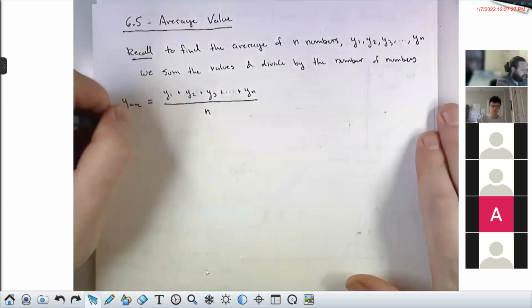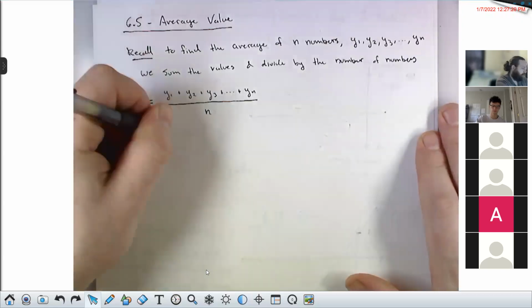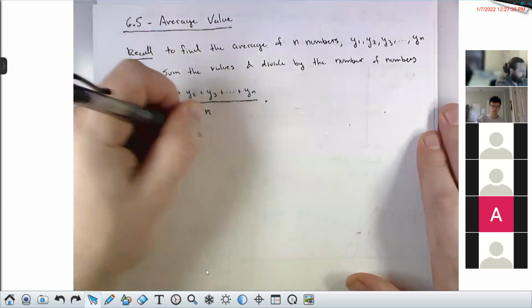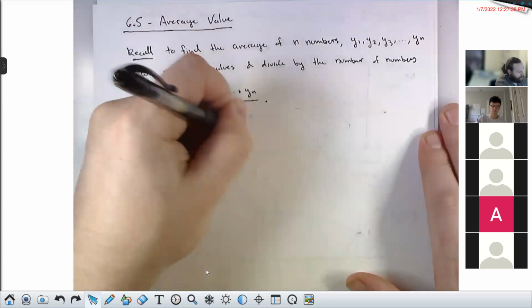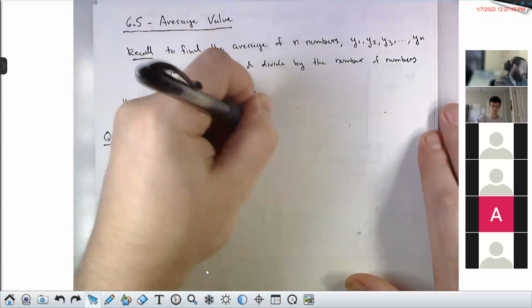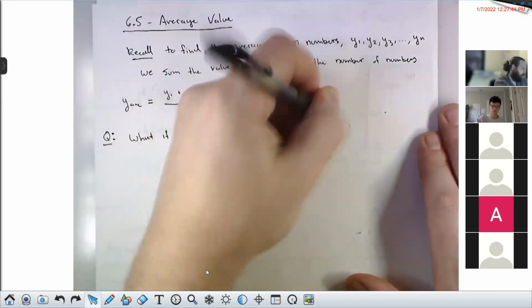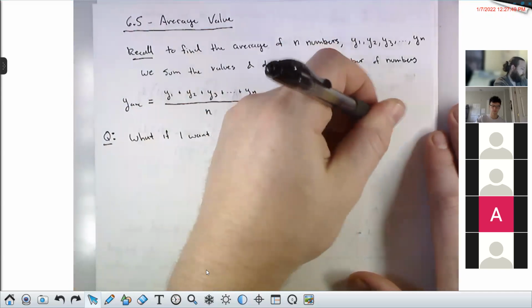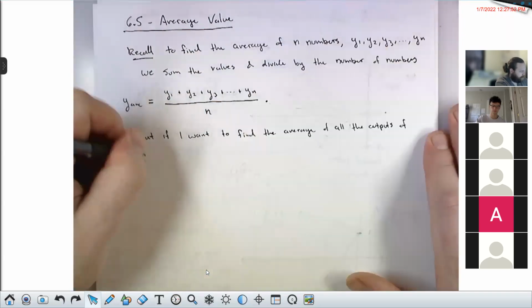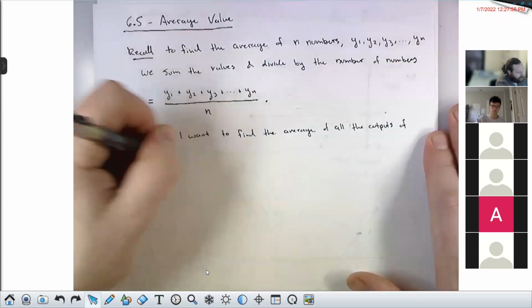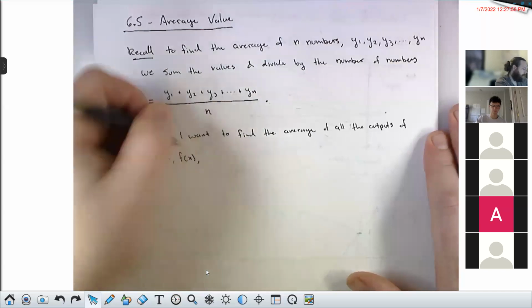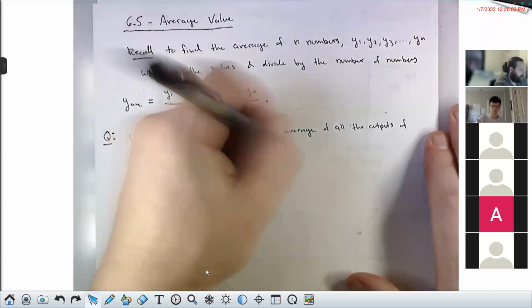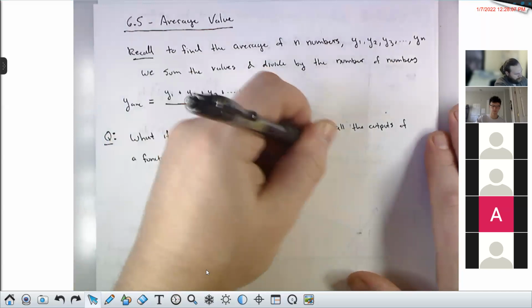What if, question: what if I want to find the average of all the outputs of a function, call it f of x, as x runs from A to B?